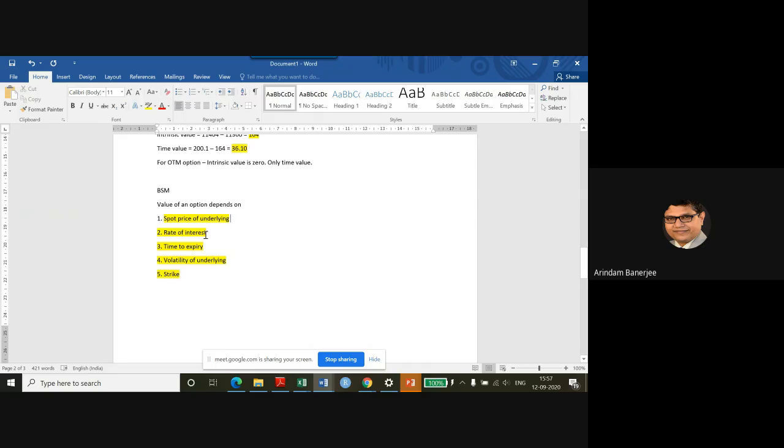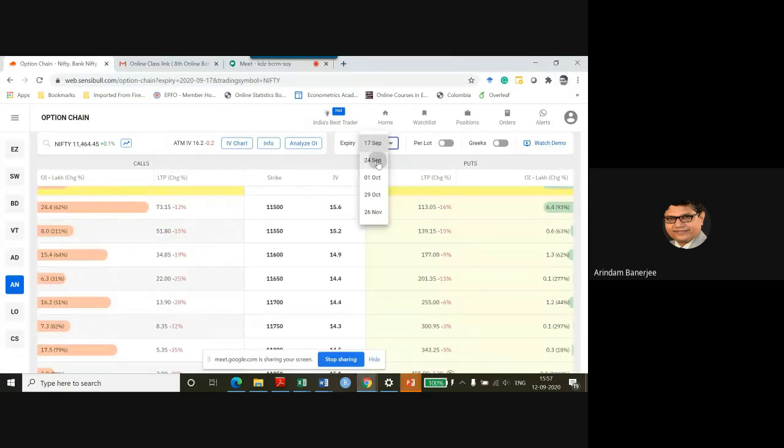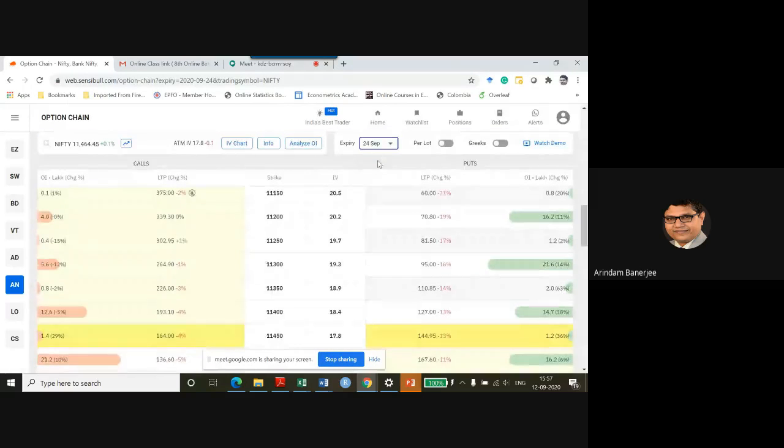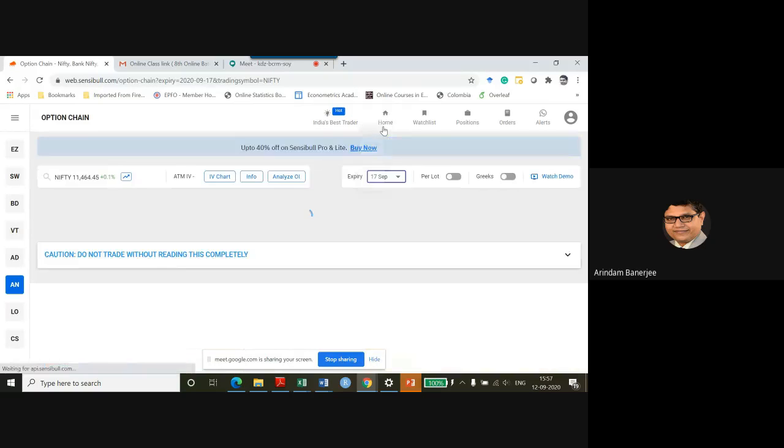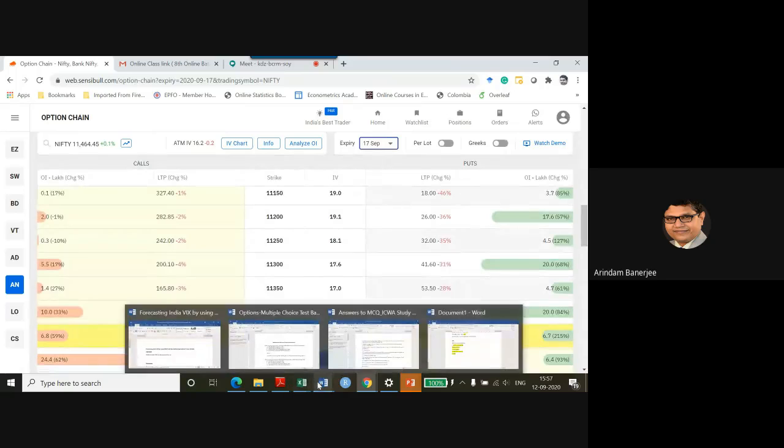Time to expiry, I can choose. For example, for these options, I have chosen this 17 September. I can also choose, if I wish, 24 September. The chain will change. So it is up to me which expiry I want to choose.